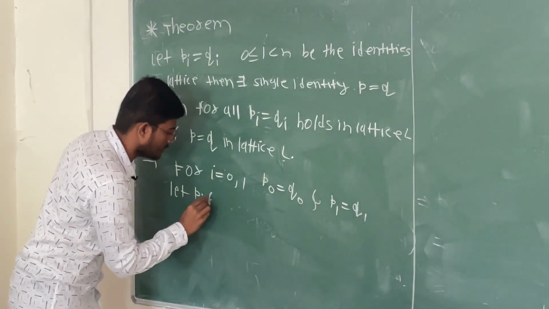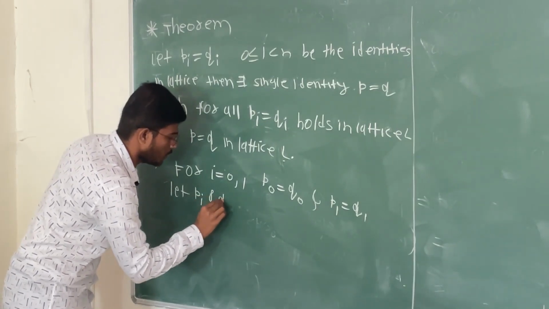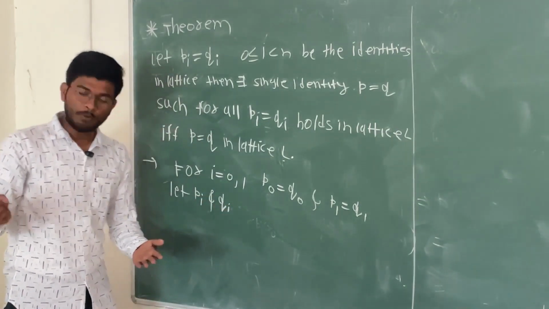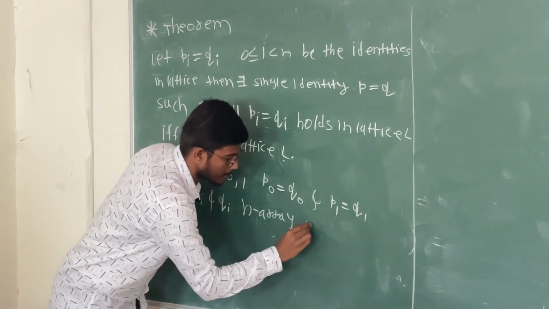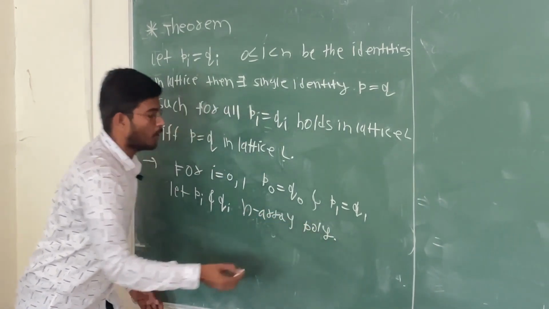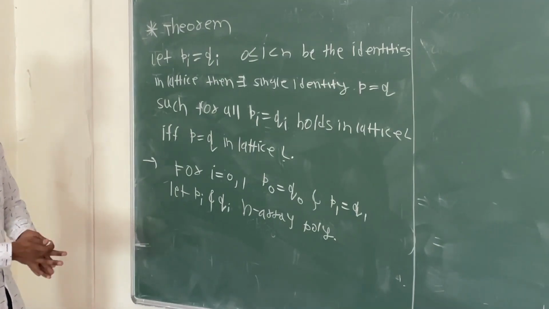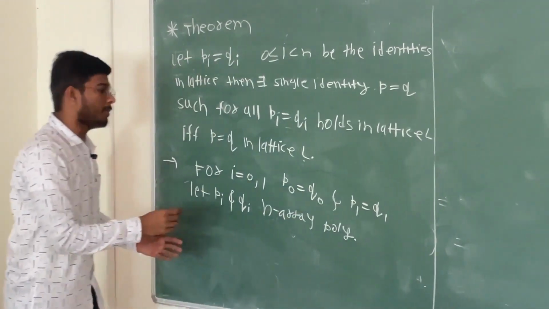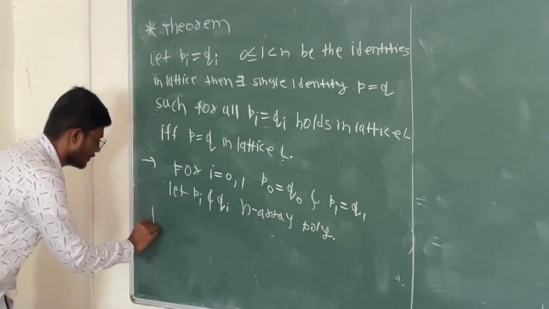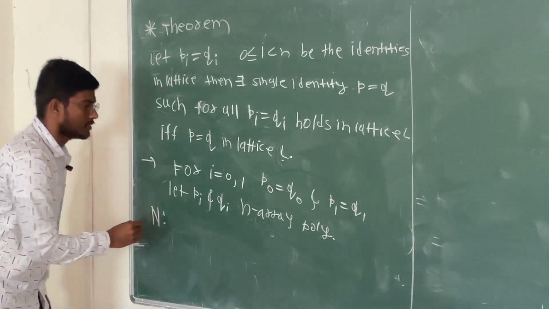pi and qi are some n-ary polynomials. Now we will take these two polynomials as a combination.